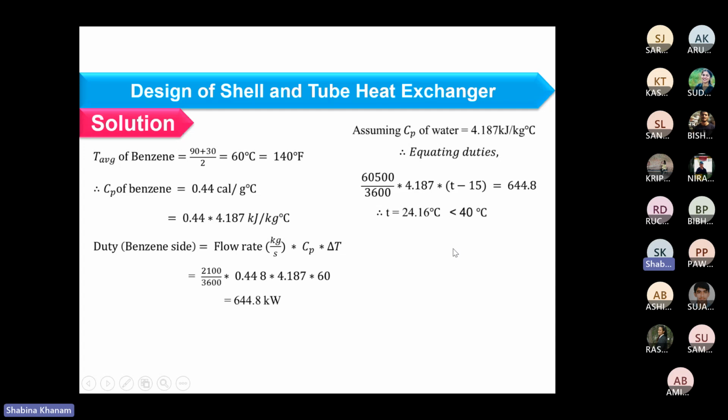And another point which I want to make over here: the temperature here is 24.16. Now this is applicable only in the case of water. This temperature of water should be less than 40 degrees Celsius. This condition you need to check if you are using water.